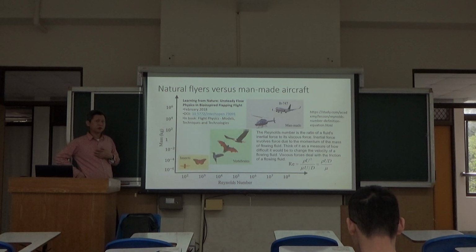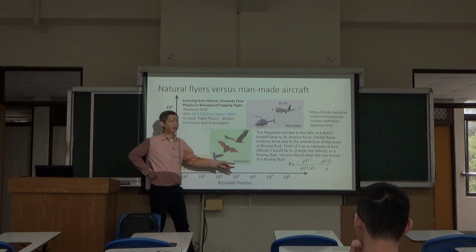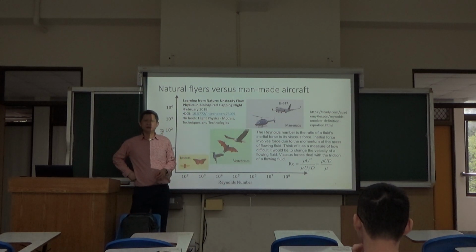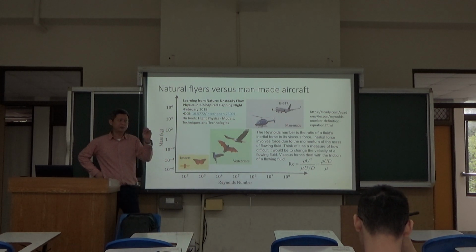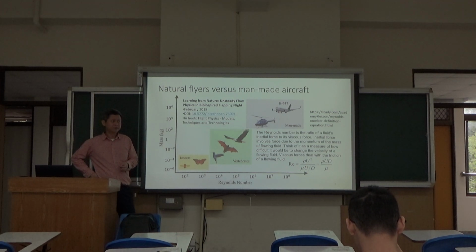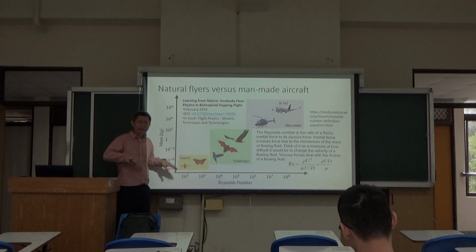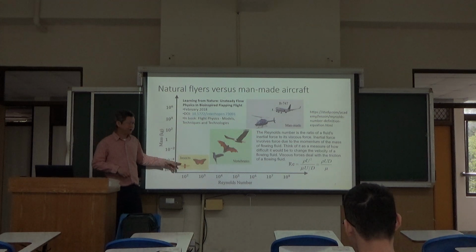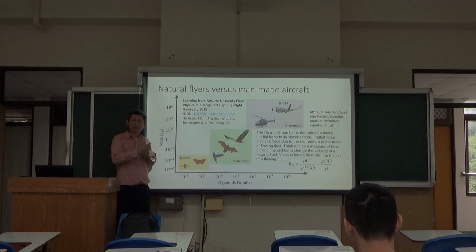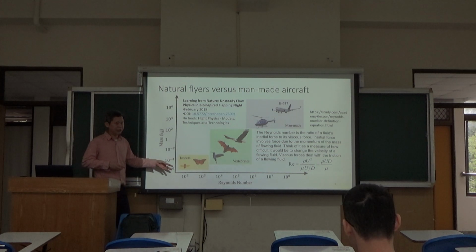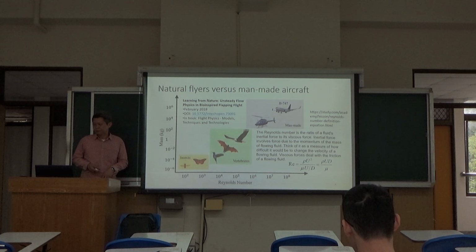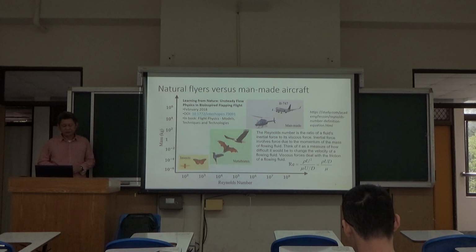So what is Reynolds number telling you? Flying for the insects is like you swimming in water. So you're paddling in water. This is the experience by insects. Because their forward speed is very low, they can feel much greater viscosity.